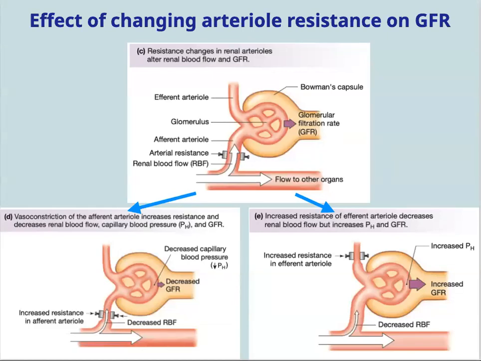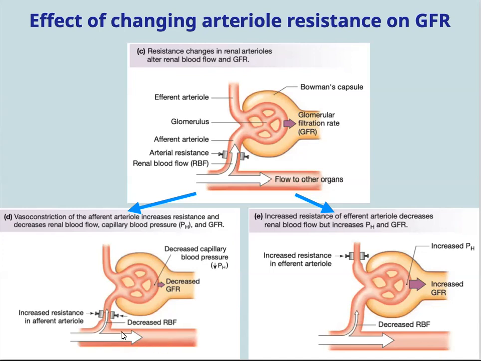The effect of increased arterial resistance on GFR depends on exactly where the resistance is being changed. If the resistance is increased within the afferent arteriole, hydrostatic pressure will decrease on the glomerular side of the constriction.